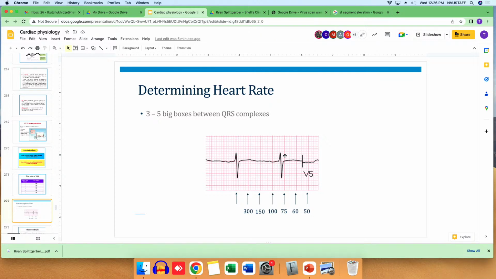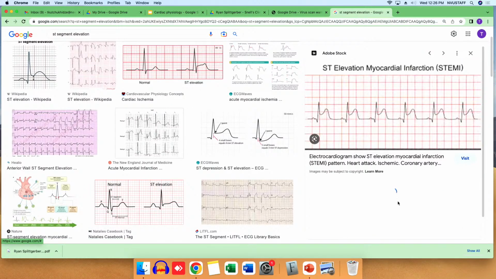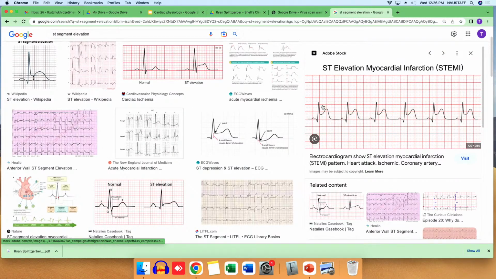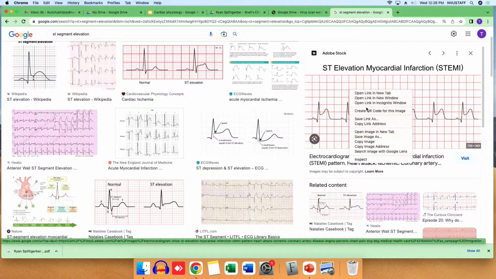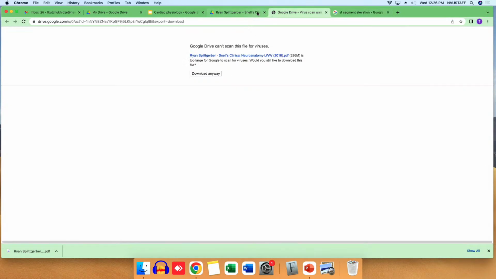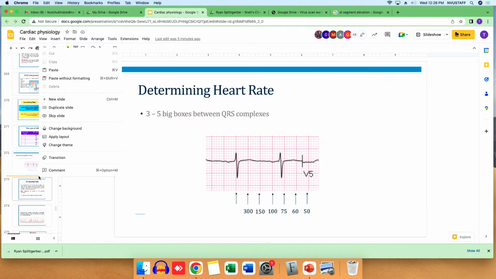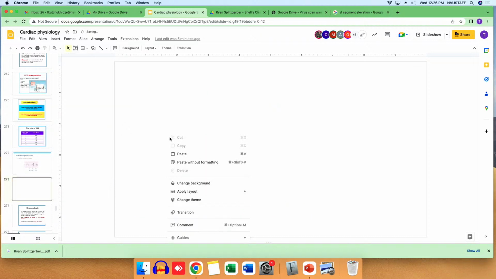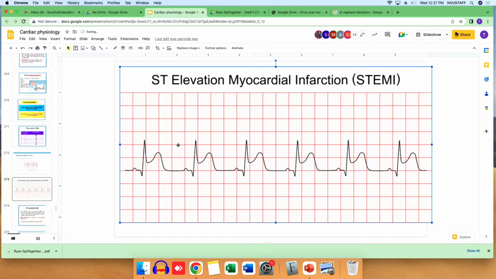Okay, now let's do another ECG. Okay, here. This is one interval and this is another RR interval. I will put it there. Can you tell me what the heart rate will be? Can you tell me what the RR interval rhythm will be?